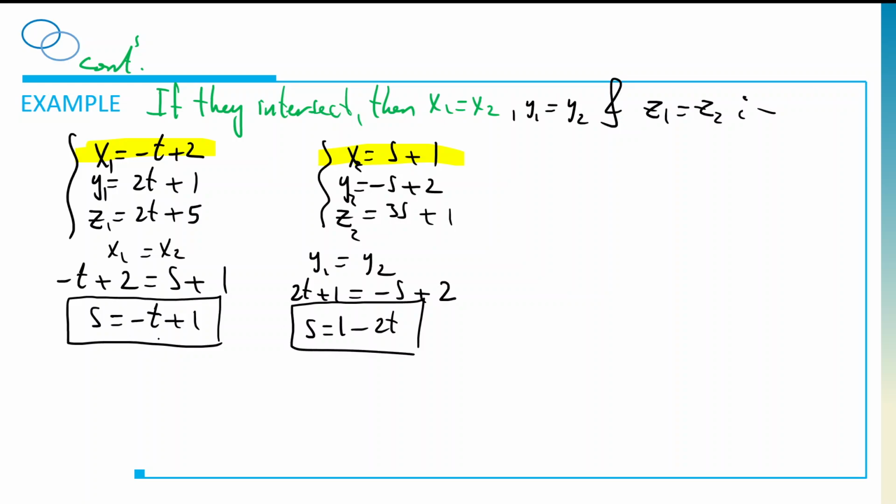You can solve it any way you like: substitution, elimination, use your calculator. By the elimination method, if you solve it, you'll get t equals 0 and s equals 1. Okay, great.